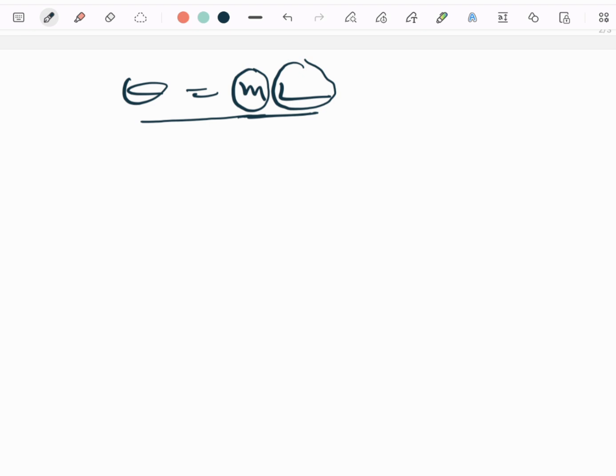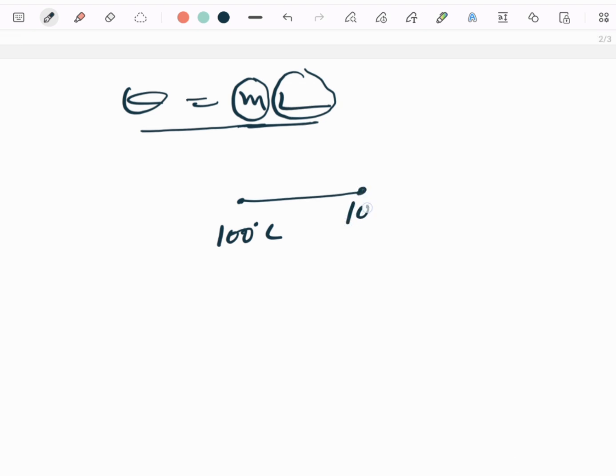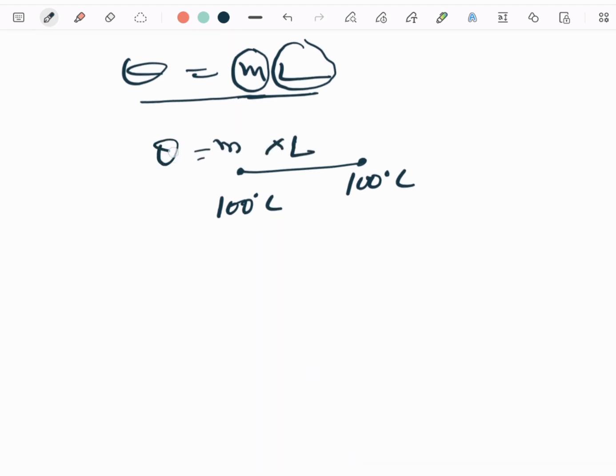The best example is, suppose you have 100 degree centigrade water and you want to convert it to 100 degree centigrade vapor. Whatever amount of energy you have to provide is the latent heat multiplied by the mass of the material, which is Q.